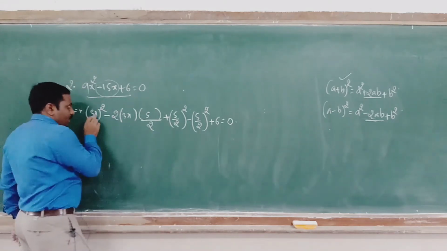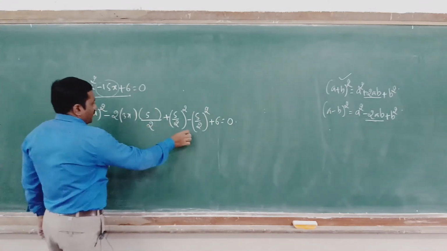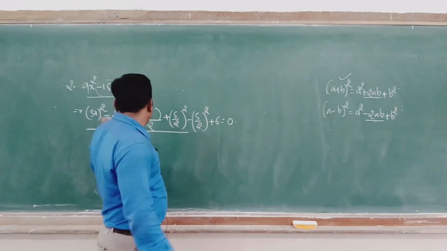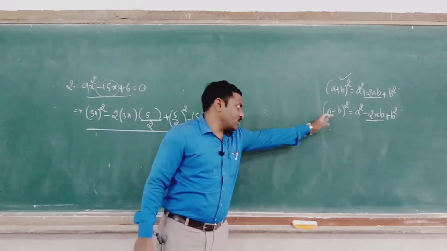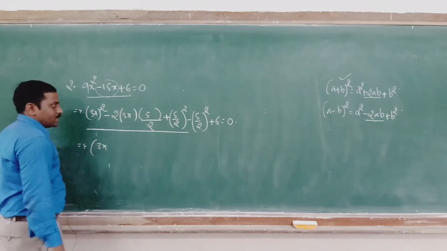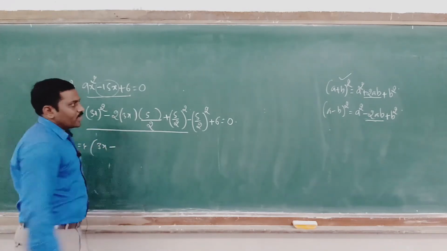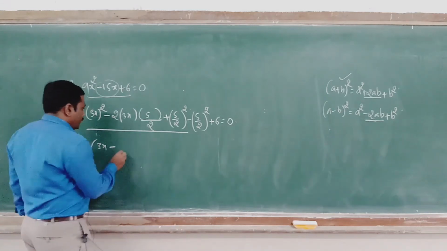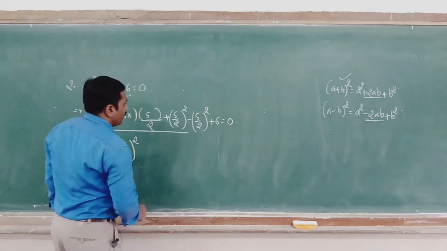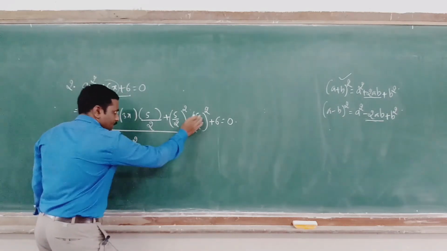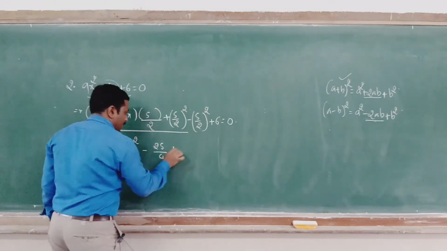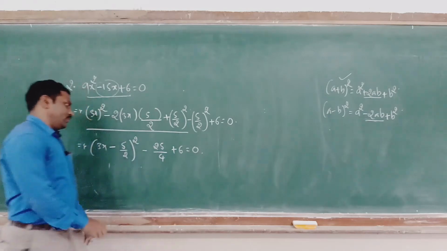Use the formula a square minus 2ab plus b square, which is a minus b whole square. In place of a, 3x, minus kept as it is, in place of b, 5/2 whole square, minus 5 into 5 is 25, 2 into 2 is 4, plus 6 is equal to 0.